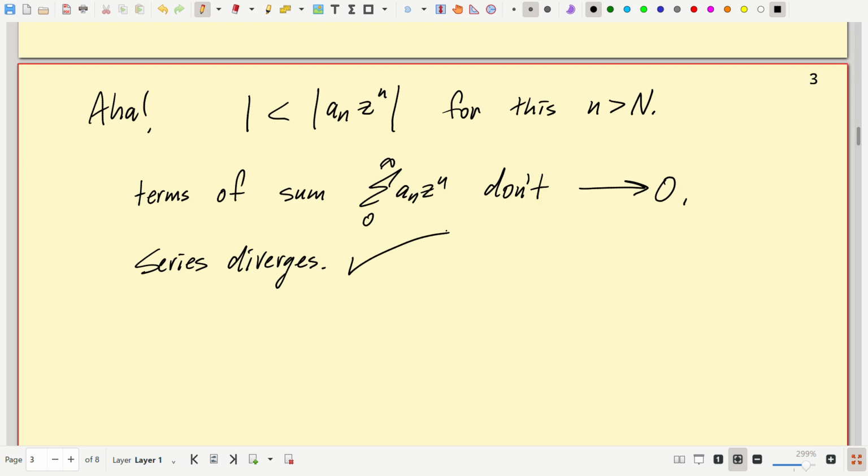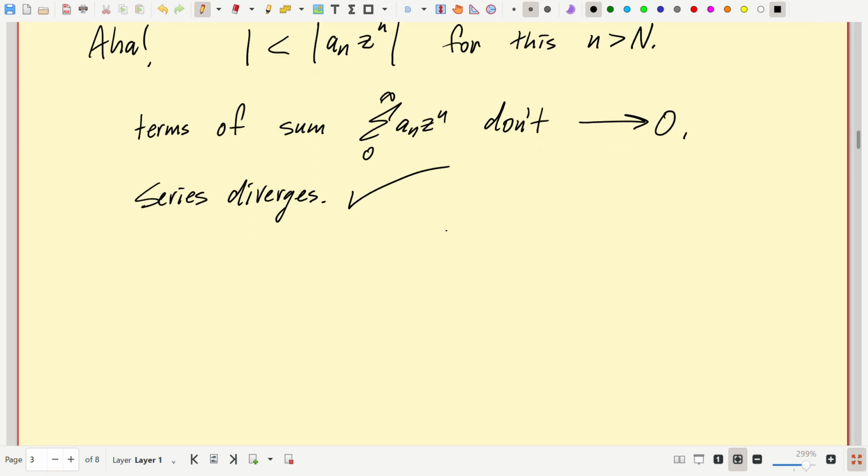Okay, now I want to start using it for something. So it's kind of a rule of thumb. If you're going to check power series convergence, check ratio test first, maybe.